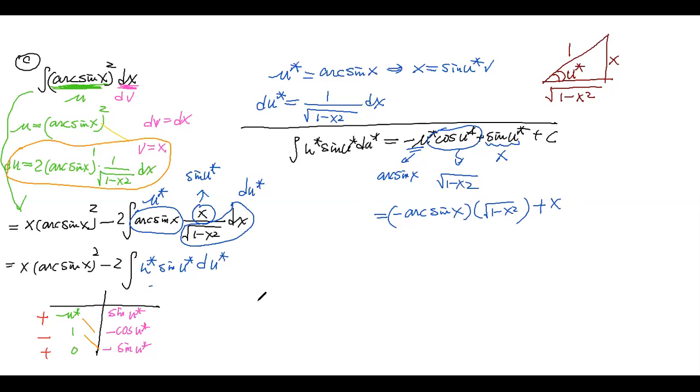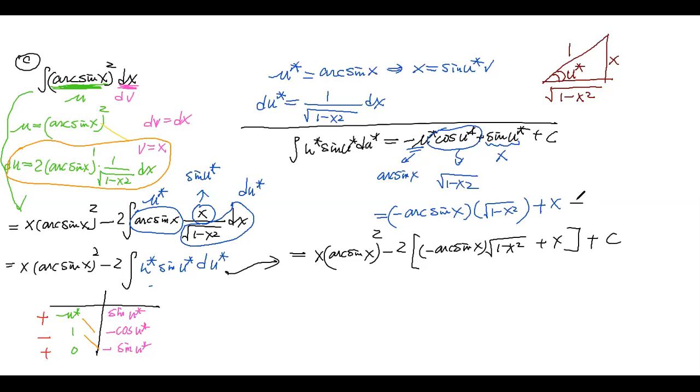Now I'm combining with my original integration here. So this is x arc sine x squared minus 2 times the quantity minus arc sine x times the square root of 1 minus x squared, and plus x, of course, plus c here.